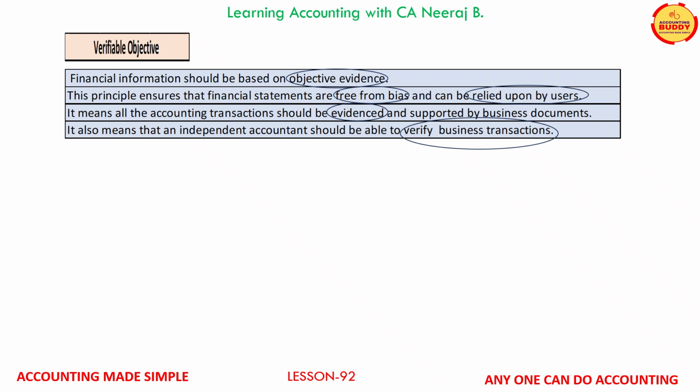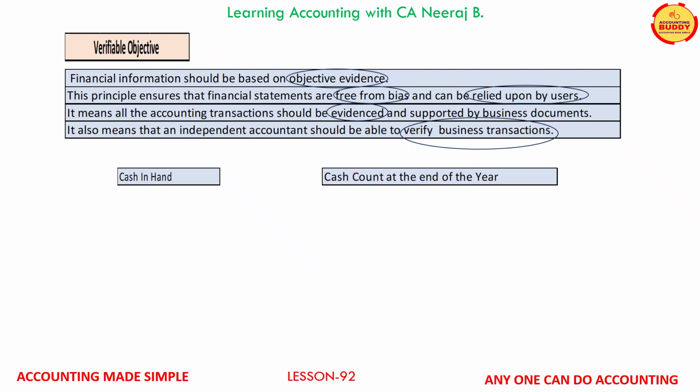Let us now understand this principle with an example. Now, cash in hand of a business can be verified by actual count of physical cash in hand with the business to ensure that the cash in hand appearing in the financial statement matches with the actual physical cash.